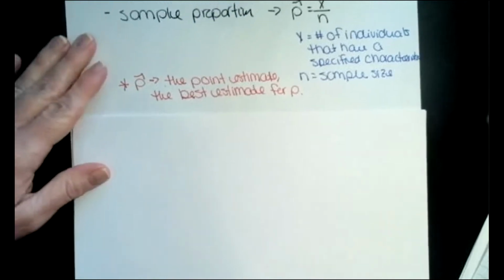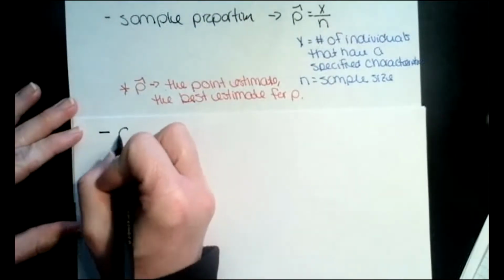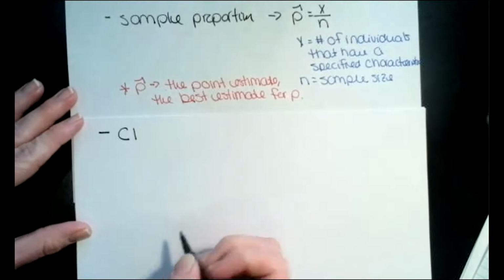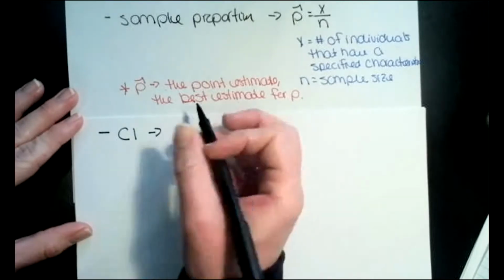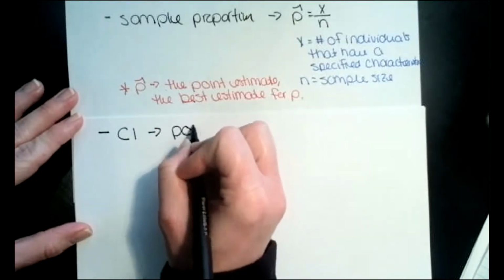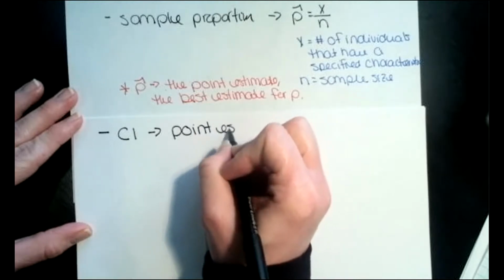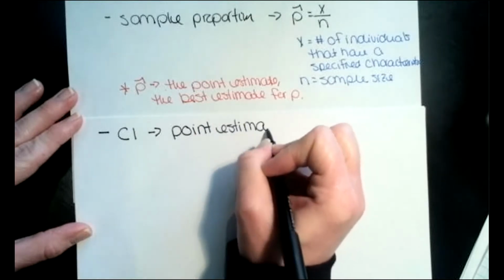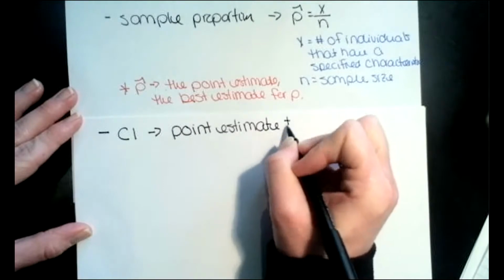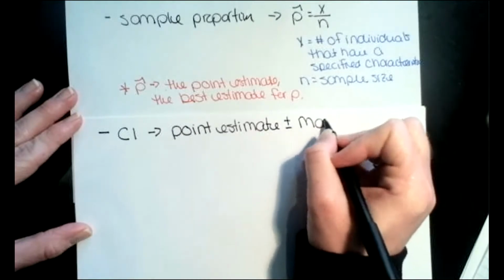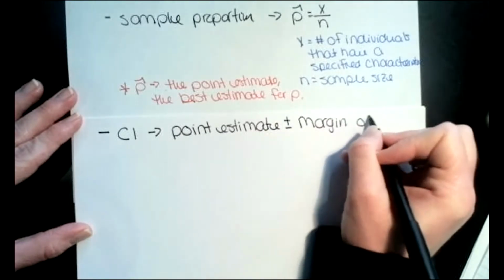So let's get to our formula for the CI. So our CI is always the same thing. It is point estimate plus or minus margin of error.